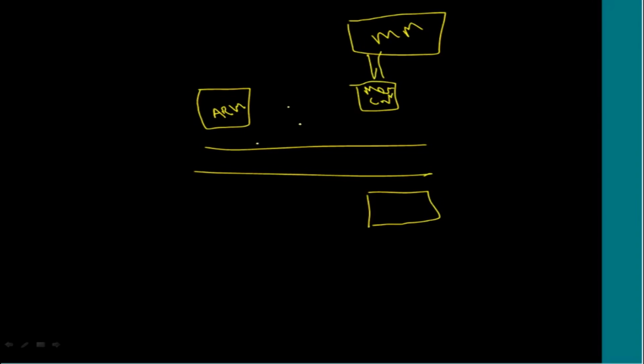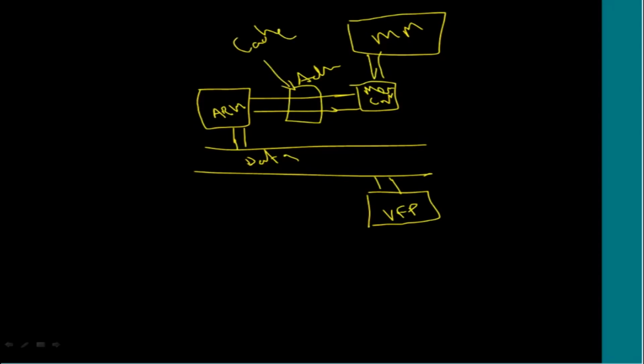Then we have the address bus going there, and the data bus coming to the coprocessor. Here what we are saying is VFC, an example. And in the previous classes we talked about cache, which came in between the memory controller and memory.